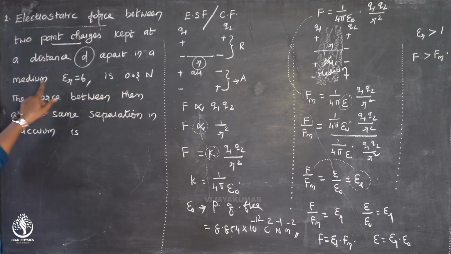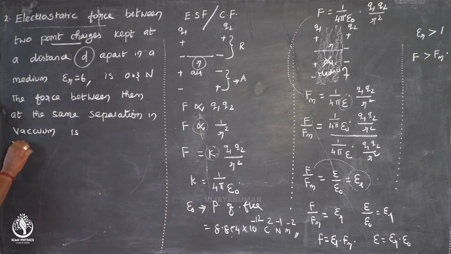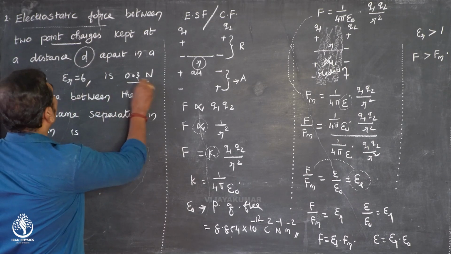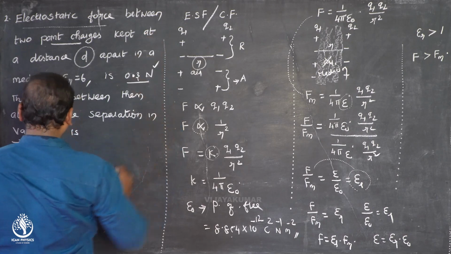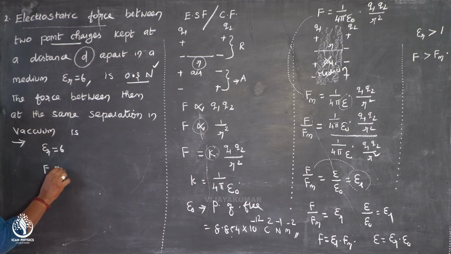In a medium of epsilon r equal to 6, what is the first given? Epsilon r is 6. The force is 0.3 Newton. So we can say the force equal to 0.3 Newton.